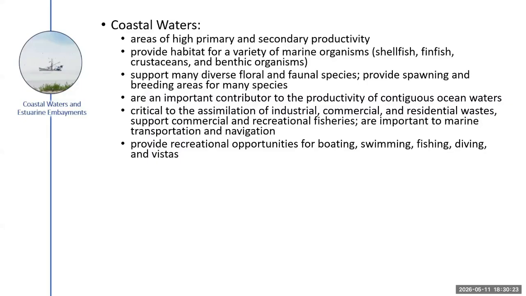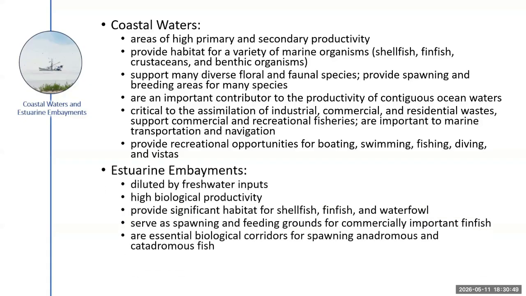They are also variously used to dilute industrial, commercial, and residential wastes. They support commercial and recreational fisheries, and they're important to transportation and navigation. Related to that, they provide recreational opportunities for boating, swimming, fishing, diving, and sightseeing.